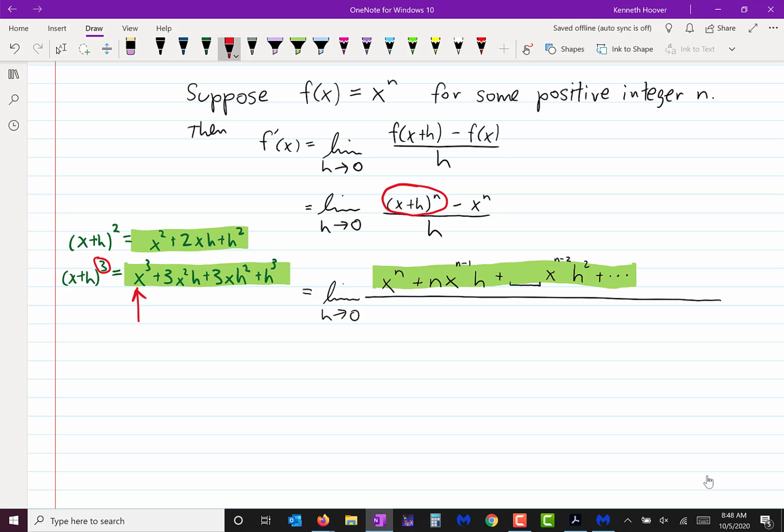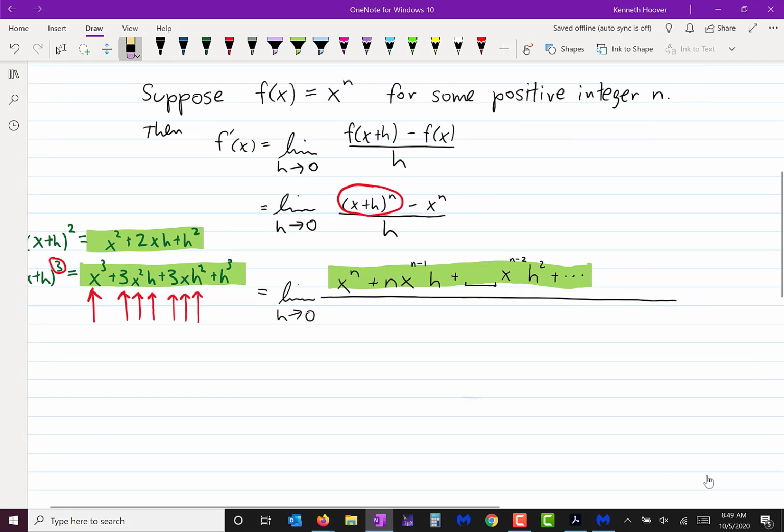And then the second term is always n times x to the power 1 less times h. And then the next term is always a number times x to the power 1 less times h to the power 1 more. And it just keeps going like that, every single time. That's all I'm writing down over here on the right.